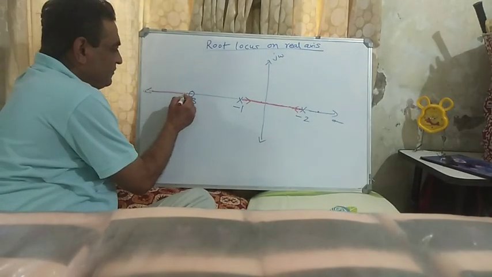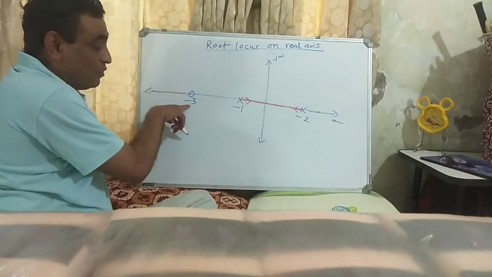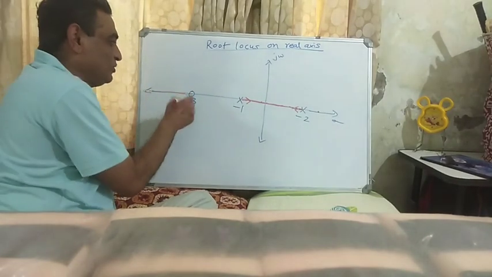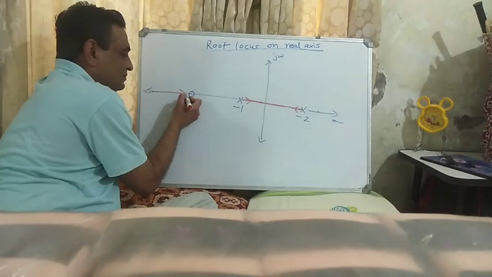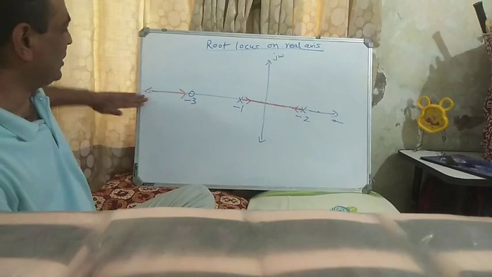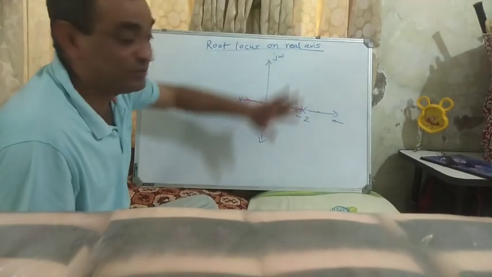And here, if I give the direction, you can say that root locus cannot start from 0. So the root locus terminates at 0. So I should give the arrow direction like this. It means that it cannot come from infinity. So there is no angle of asymptotes as well.